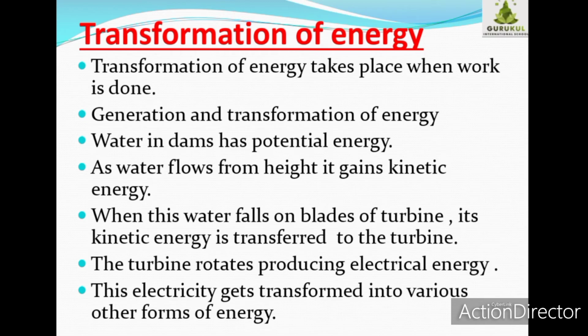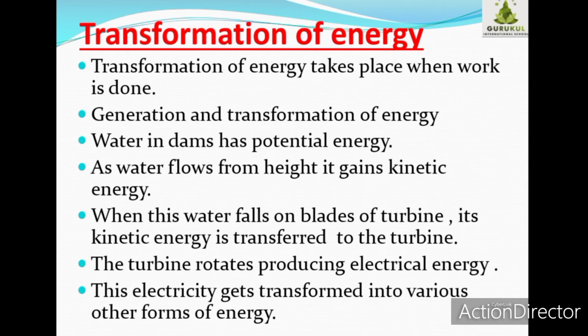Now when this water is flowing from the height towards the turbines, as it starts flowing, it gains kinetic energy. As we have studied, when any object is in motion, it gains kinetic energy. Now when this water falls on the blades of the turbine, its kinetic energy is transferred to the turbine.